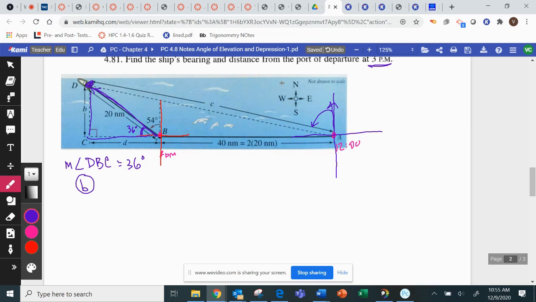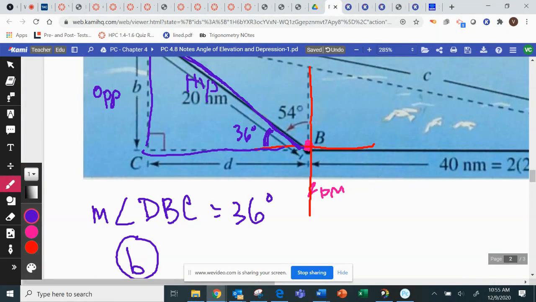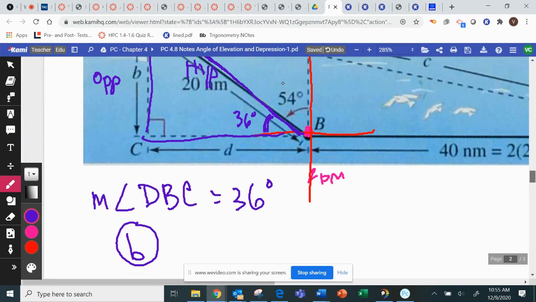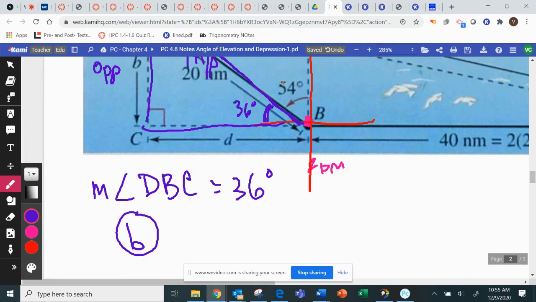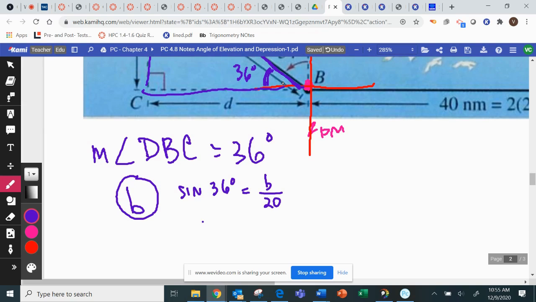So to find side B, B is opposite of the 36 degrees. And 20 nautical miles would be the hypotenuse. So we're going to say opposite over hypotenuse: sine of 36 degrees is equal to B over 20. So I'm going to cross multiply that, and I'm going to get that B equals 20 sine 36.